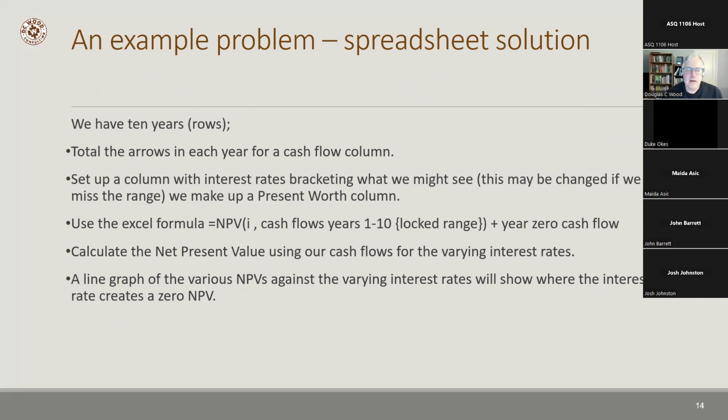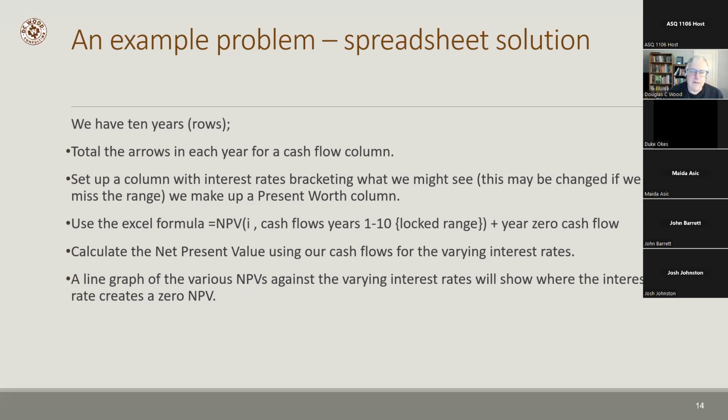And then you use the Excel formula, NPV, net present value. And the formula looks like this. Interest rate is I, comma, the cash flows in years 1 to 10. That's the locked range where you put in your numbers, plus the year 0 cash flow. And then you calculate the net present value using these cash flows.